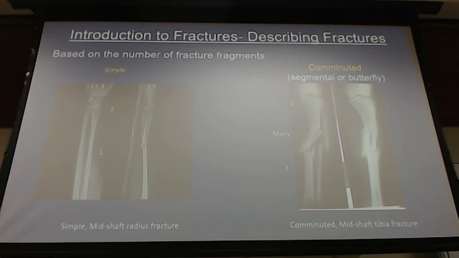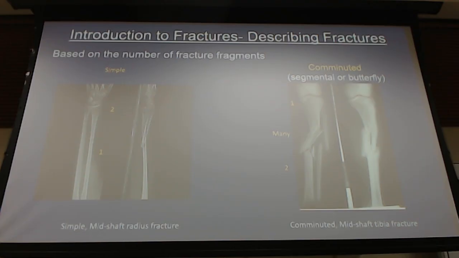And a way that you tell, we'll see that on the next slide, is that a segment of bone is bordered by a fracture line on each side, right? Comminution just means that you have lots of pieces of bone.